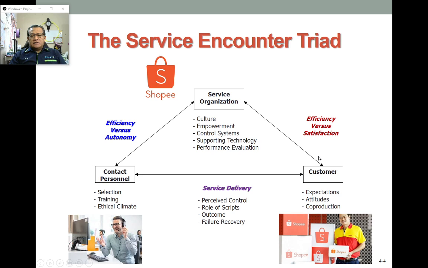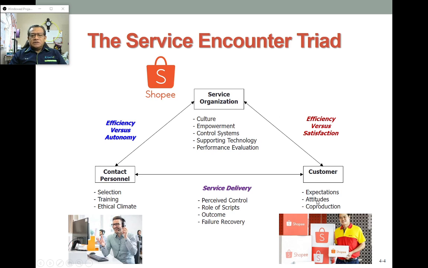The second component is the customer. Customers basically have their own expectations. For example, a normal customer expects a strong and fast response from the server, and the transaction to be user friendly, efficient, and fast.